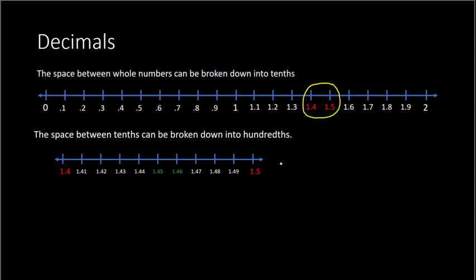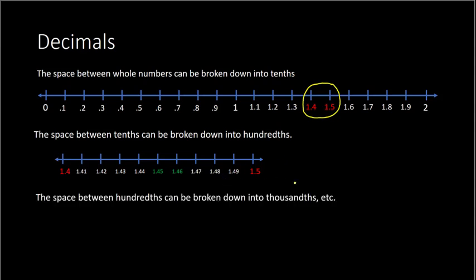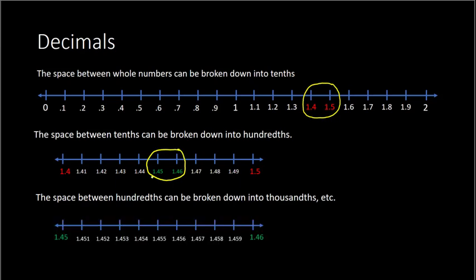And then with the hundredths, we can break this down further into thousandths. And the thousandths you can break down into ten-thousandths, and then ten-thousandths break down into hundred-thousandths, etc. So again, looking now at 1.45 to 1.46, if we break this down further, we see that right here, at the left end we have 1.45, and the right end we have 1.46, and we broke this down into tenths again, which would be now to the thousandths place.